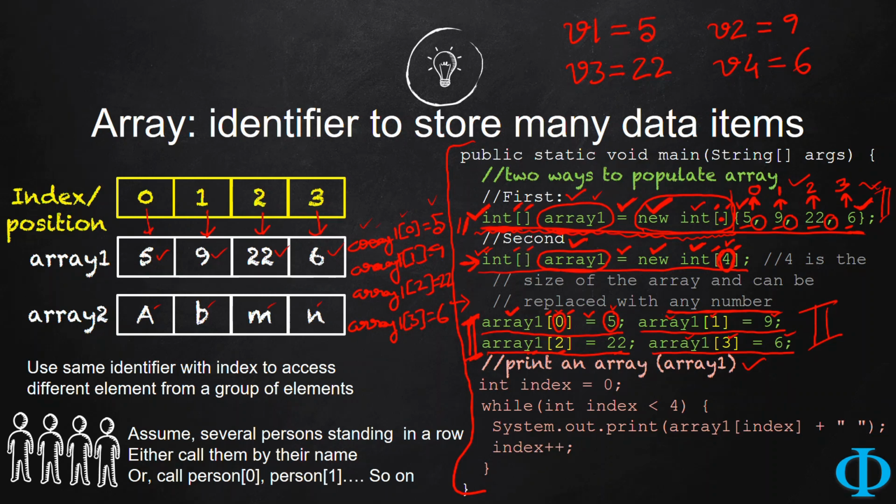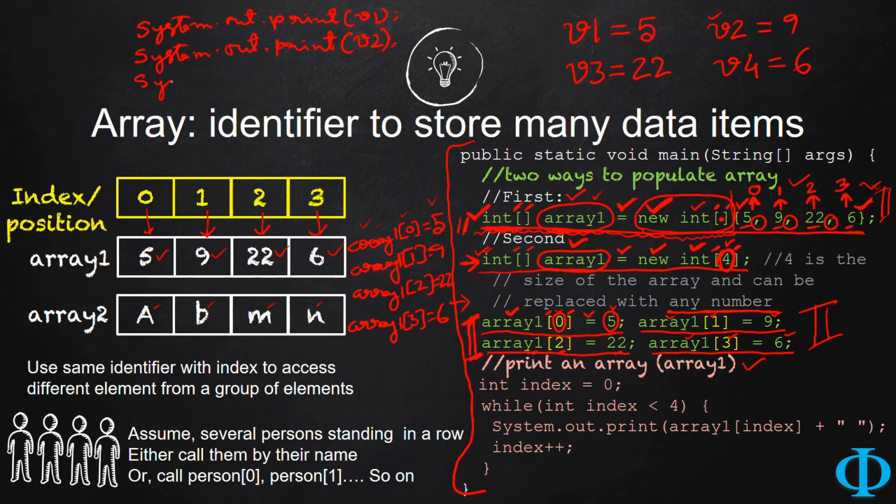That is, in order to print the variable v1, you have to use a separate system.out.print v1. Similarly, to print this v2, you have to use another system.out.print statement followed by v2.